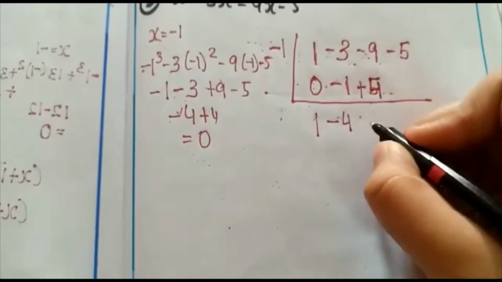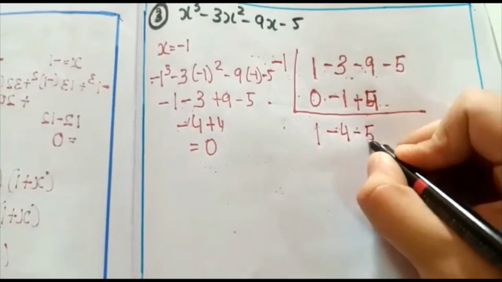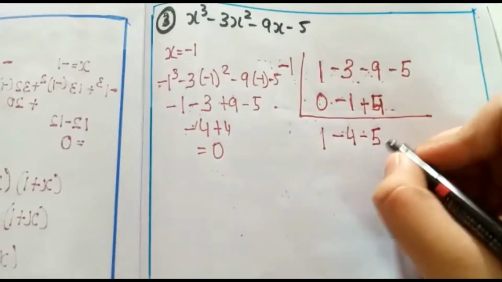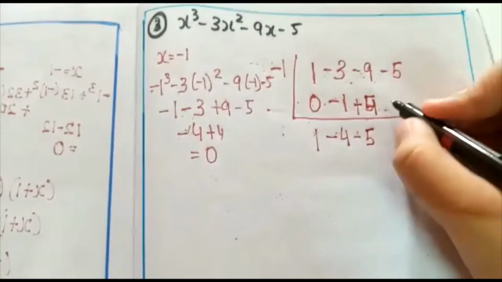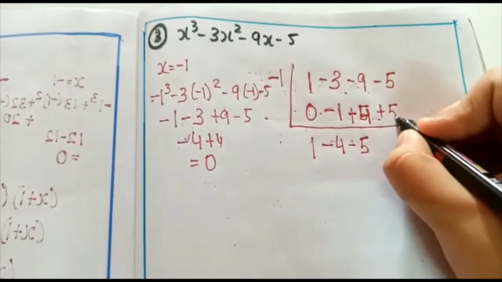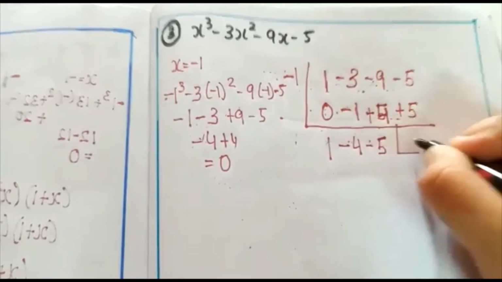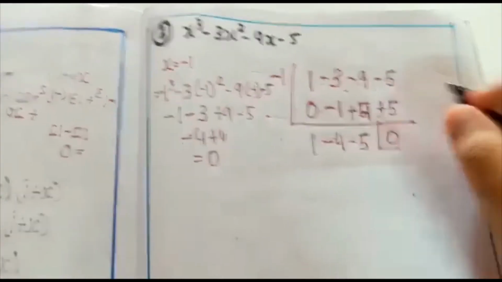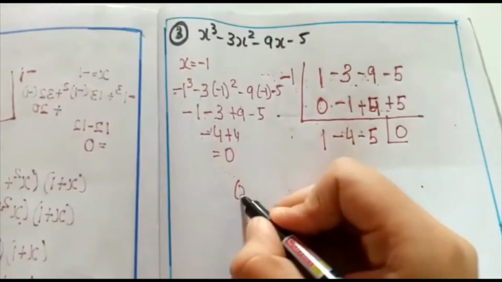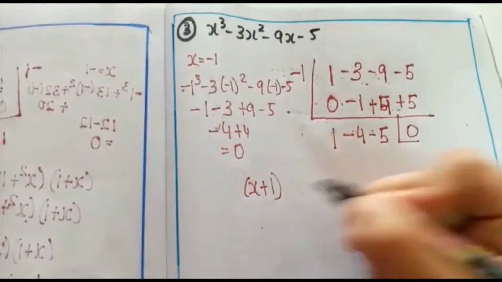Minus 9 plus 4 will be minus 5, plus minus minus, sign of the bigger one. Minus 5 into minus 1 plus 5, plus minus minus 0. So as we got 0, we get one factor, x plus 1.